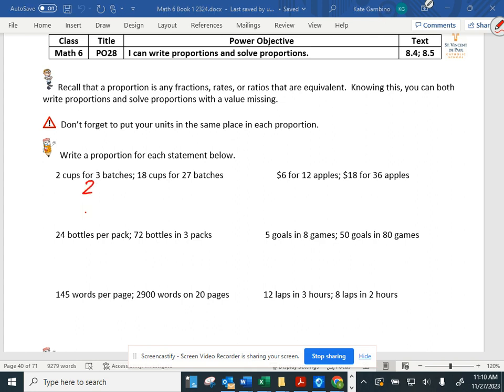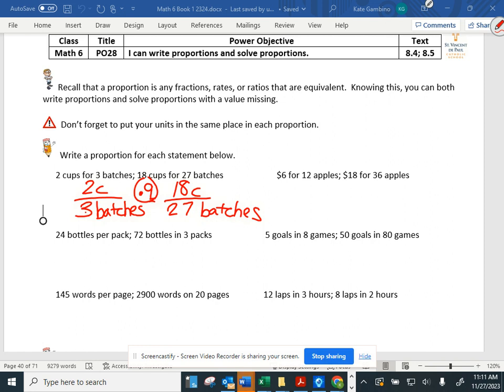So here, if we have 2 cups for 3 batches, that is proportionate to 18 cups for 27 batches. We know that they are a proportion because we multiplied both the top and the bottom by 9. So it's equivalent. That is a proportion.